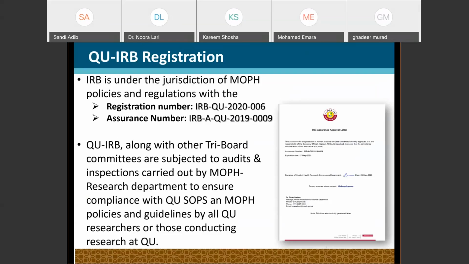It revises all the SOPs of the committees, and it ensures that all the review is done according to the guidelines and policies of the Ministry of Public Health pertaining to this kind of research.